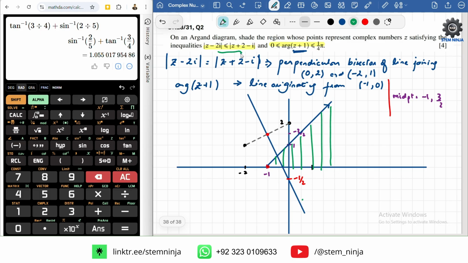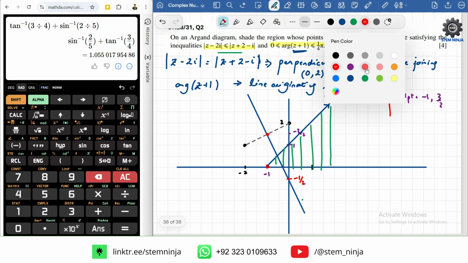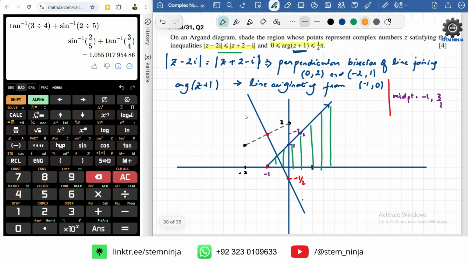and z minus 2i less than or equal to 2 minus i. That means it's closer to this part. So I'll use a different color, yellow perhaps. So we are talking about this region. This means that the area that coincides is only this part over here, right?